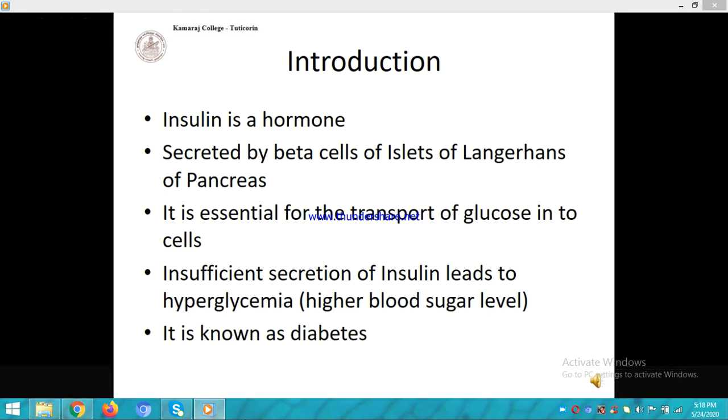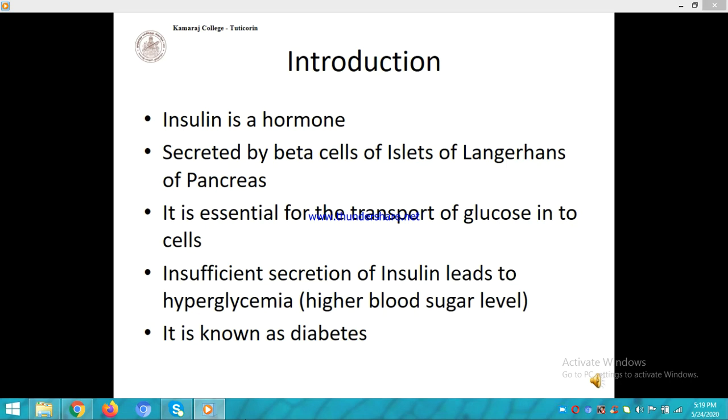We will see them one by one. The insulin A chain and B chain are held together by disulfide bridges.